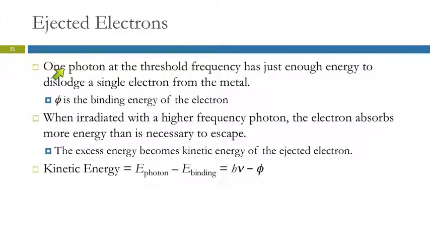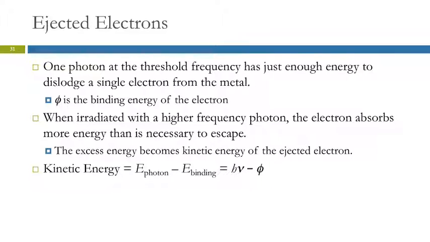One photon at that threshold frequency has enough energy to dislodge a single electron. The Greek letter phi is the binding energy of the electron. So the electron is stuck to the metal, and it requires energy to pull it off. That's called the binding energy.